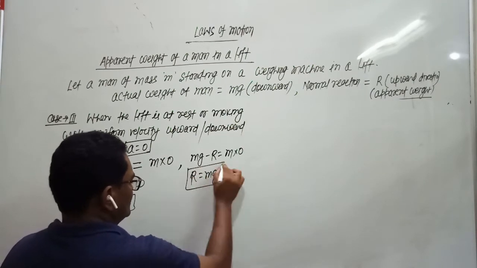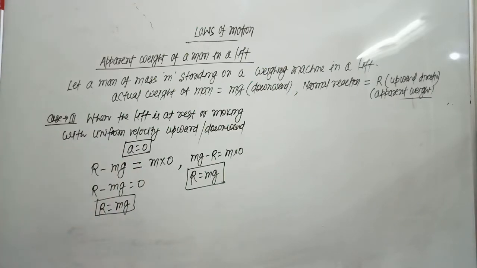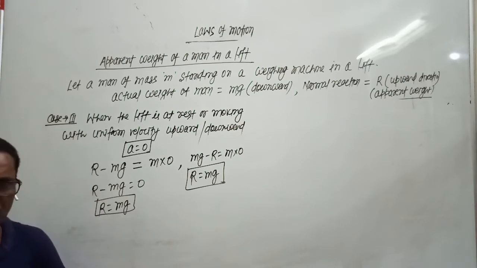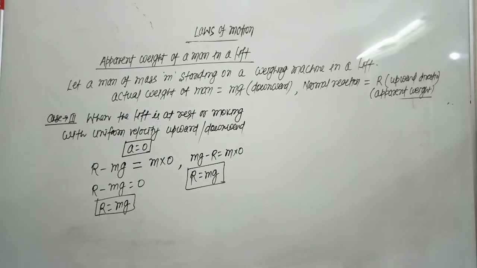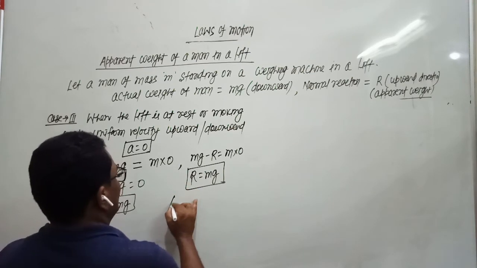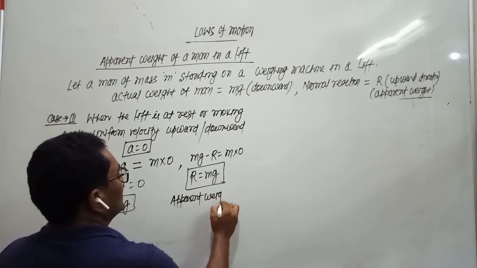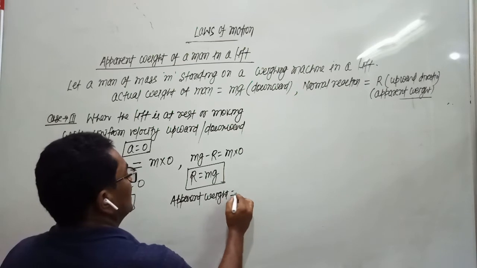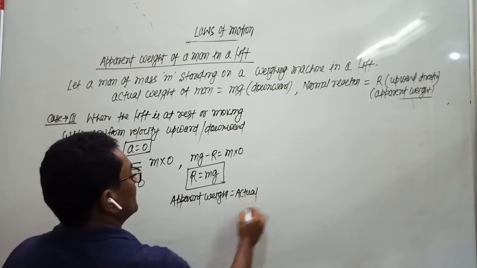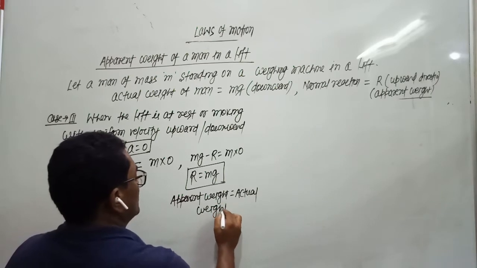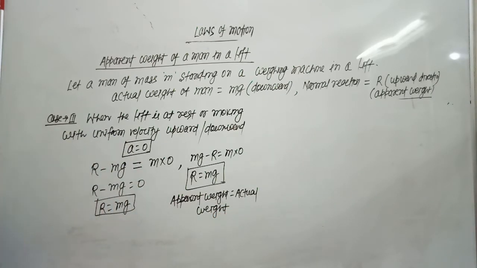So in both the cases, whether the lift is at rest or moving upward or downward, R is equal to mg. It means the actual weight is equal to the apparent weight. R is the apparent weight and mg is the actual weight.